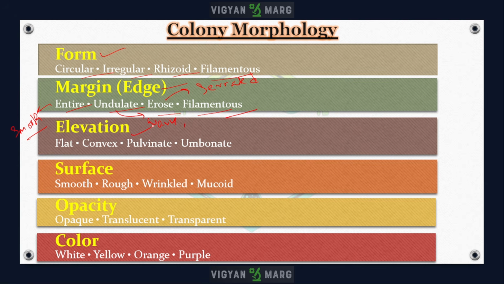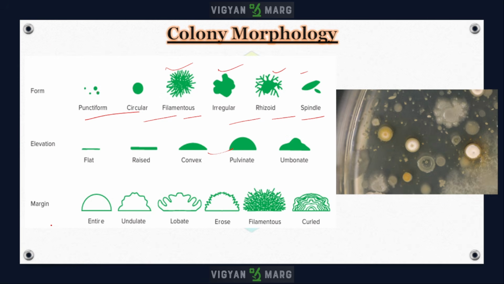In the case of elevation, you can see flat, raised, convex, pulvinate, and umbonate. You can see the morphology.